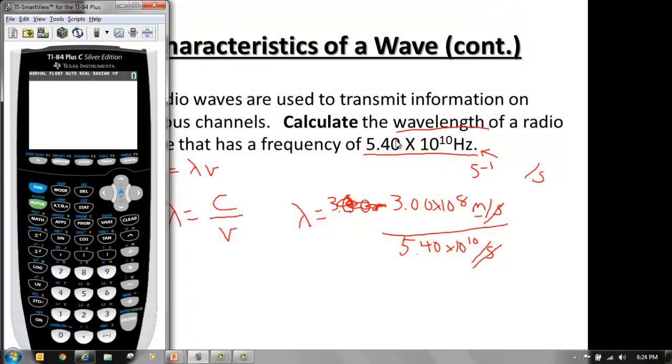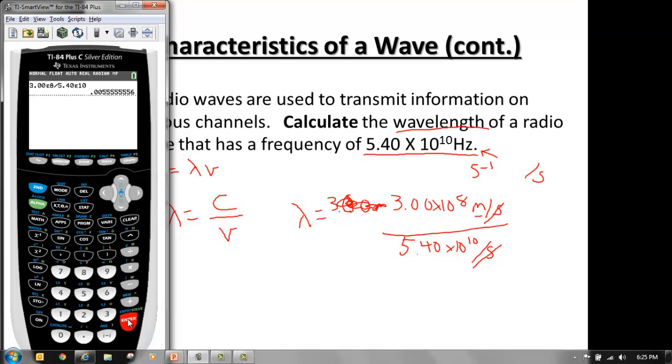we could type this out. We would start with 3.0, and on either a scientific or graphing calculator, remember we're going to use our EE key: 3.0 times 10 to the 8th divided by 5.4, second EE key again, so we don't have to use those parentheses, to the 10th.